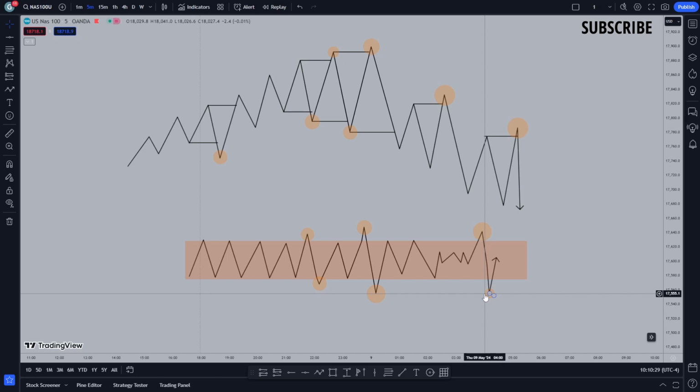They don't care about what you are doing in the charts. They only care about liquidity. If you can assume where the liquidity can be, liquidity meaning stop losses, then you can make a lot of profit from it. I hope you understood these two structures, and you should follow only these two structures.